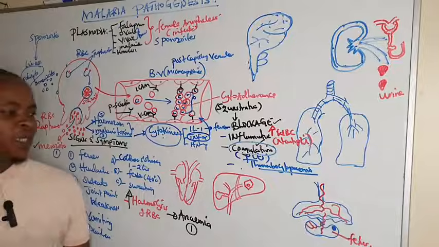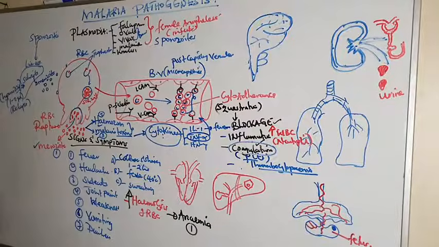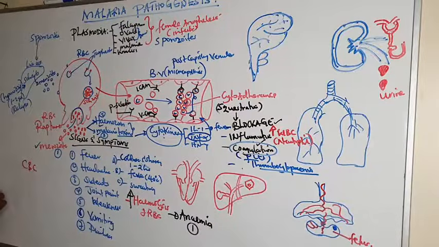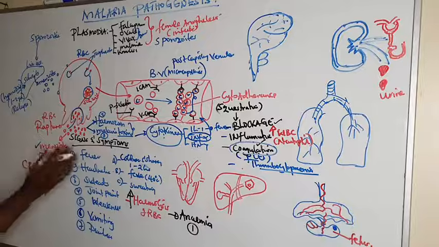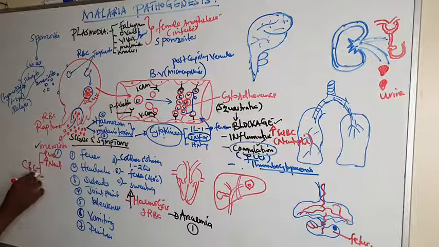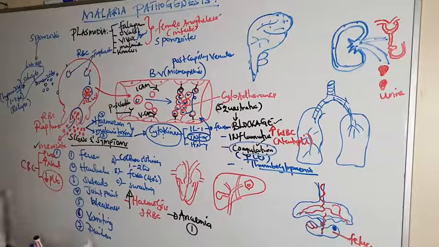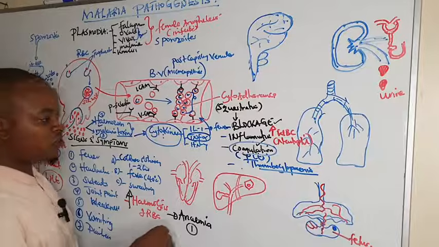So when you carry out a complete blood count, CBC, of this patient with severe malaria, they are going to portray an increased neutrophil count. Sometimes, not all the times, they can have a high white blood cell count when there is inflammation, and then many times there is always a low platelet count, which we have called thrombocytopenia. That is on a CBC. So this one has become the second complication.